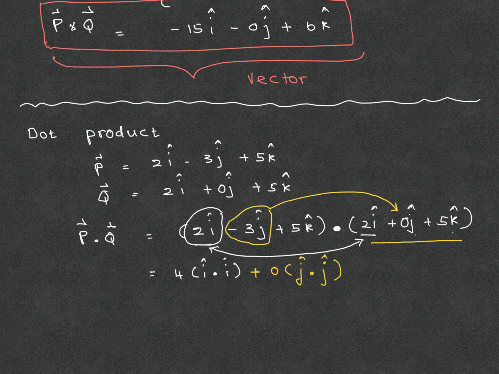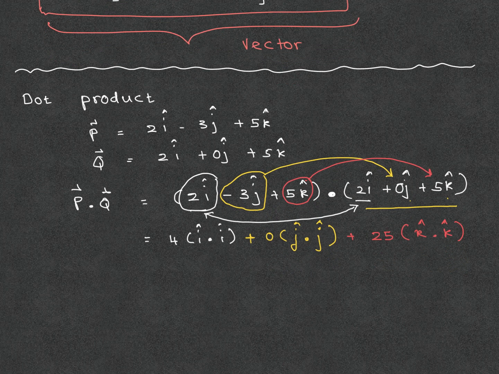I mean, there's no coefficient for j, and that's why it turned out to be 0. If you would like to write it as negative 3 times 0, and then go from there, that's fine. And then the last term is 5 k hat, and I'm going to go with the like term there as well. So here you have 5 times 5 is 25, and k hat dot k hat, that's the only surviving term.